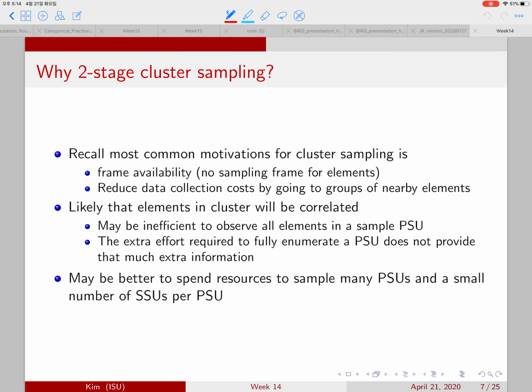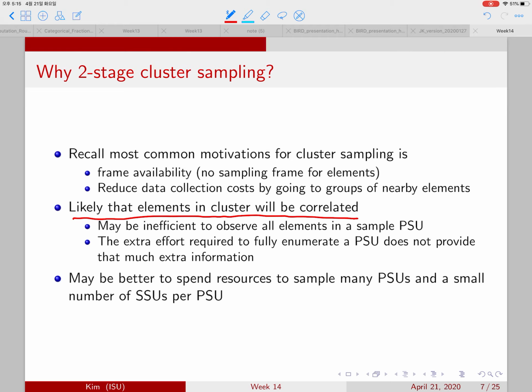The main reason for considering two-stage cluster sampling instead of single-stage cluster sampling is cost efficiency. The elements within a cluster are likely to be correlated, which means the effective sample size may be smaller than the real sample size.